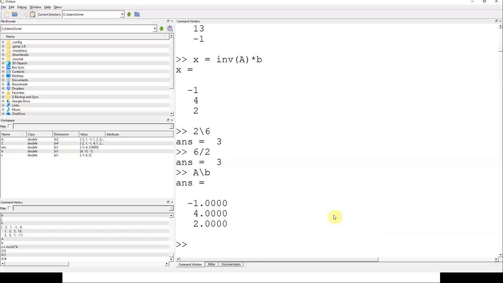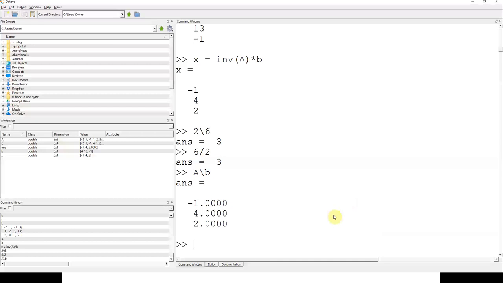Like 2 under 6 versus 6 over 2, same thing, right? Yeah, for the scalars. But for the matrix, A under B versus B over A, wouldn't read it as the same. Because these are scalars, not matrices, they're exactly the same thing.